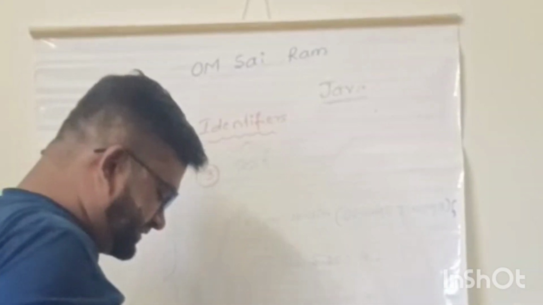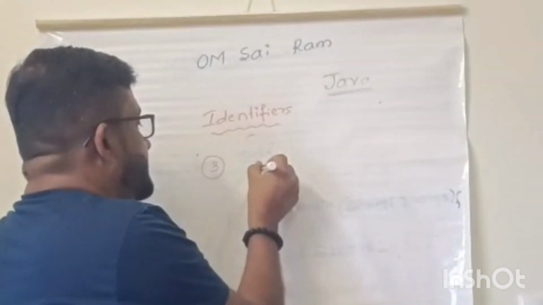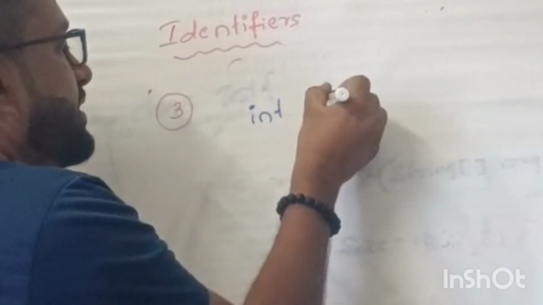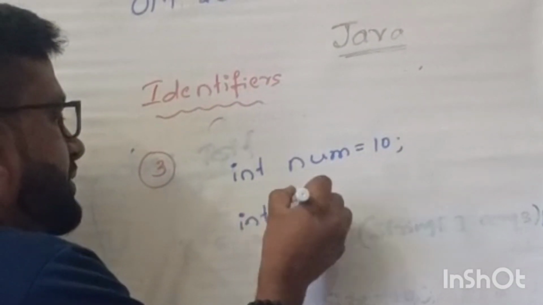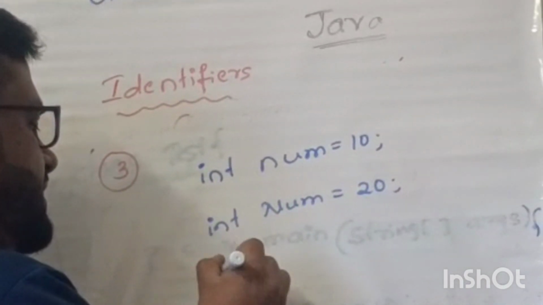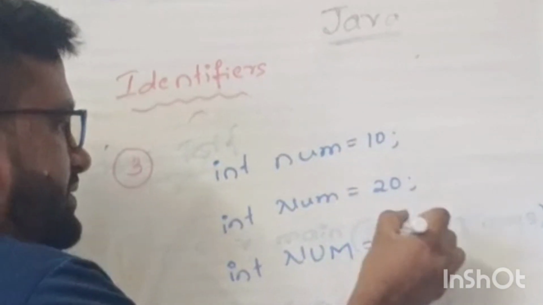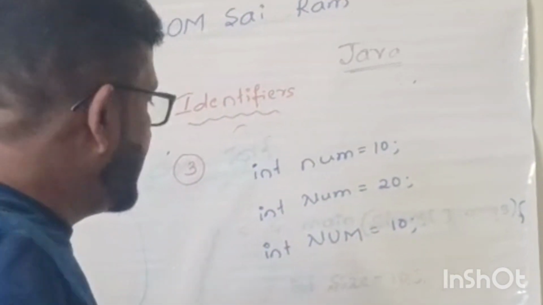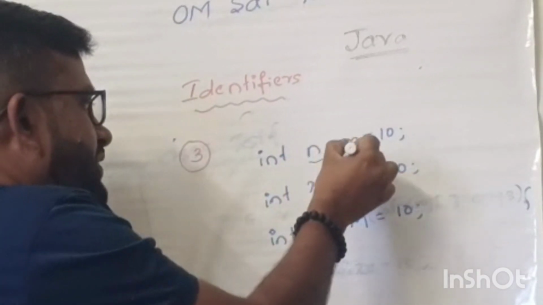Now I will create 3 variables: int num is equal to 10, int Num is equal to 20, int NUM is equal to 10. Now you can see all 3 variables are num only, correct?